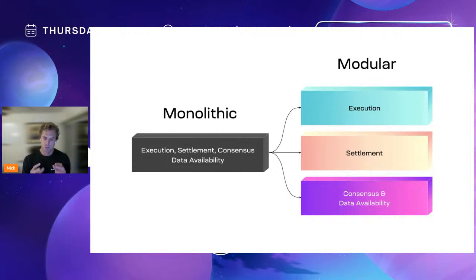But if you go back to first principles, there's no reason that those functions all need to be bundled and coupled together. So what you could do is unbundle the stack and build separate layers, separate protocols that specialize in those functions. Then you layer those pieces back on top of each other, and you still have the same functionality. You can still build the same applications, but all of a sudden you solve a lot of the core problems that monolithic blockchains face.